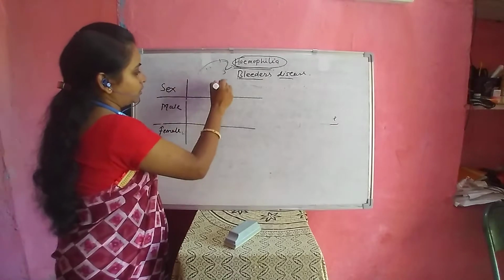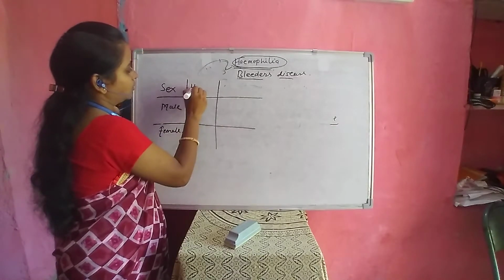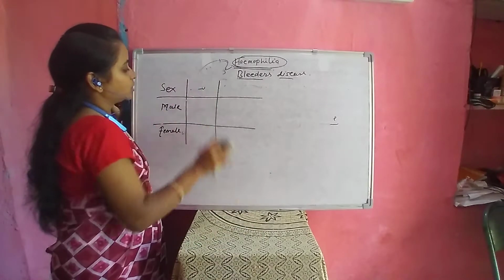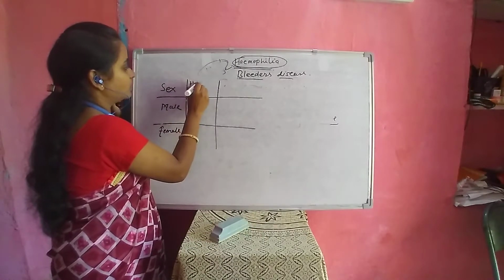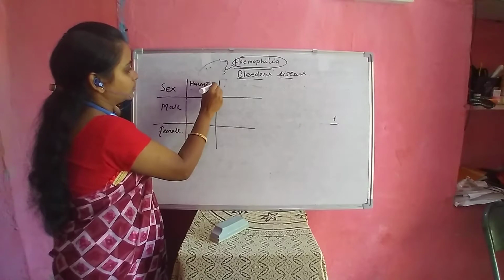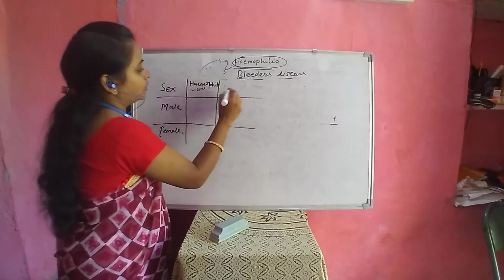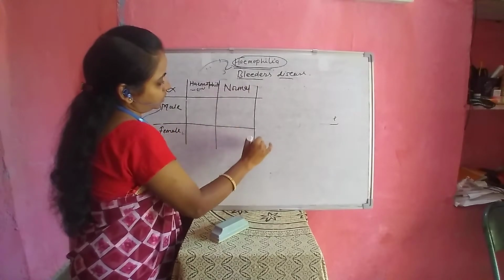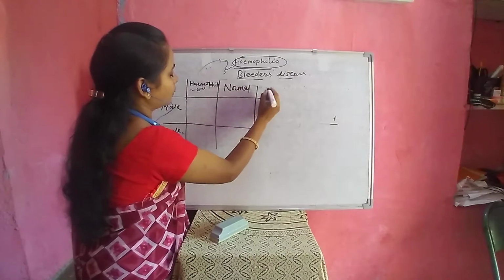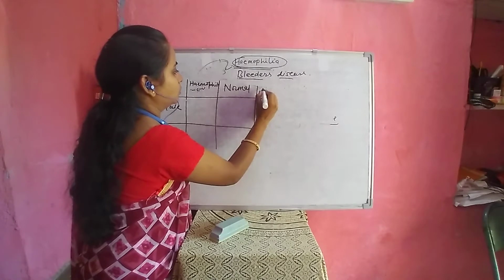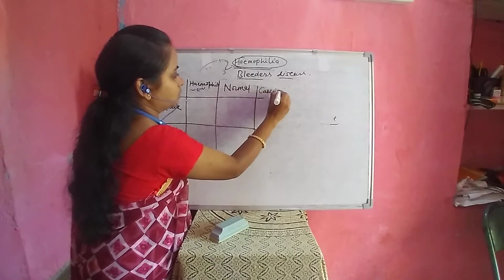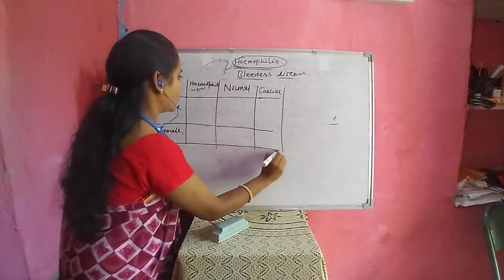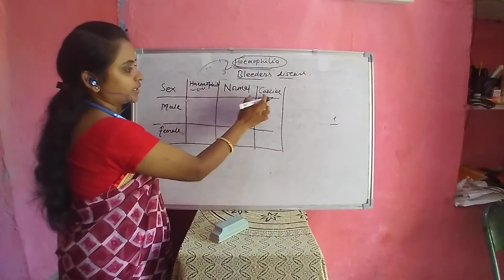There are three types of genotype: hemophilic, normal, and carrier. So what are the genotypes of hemophilic, normal and carrier?